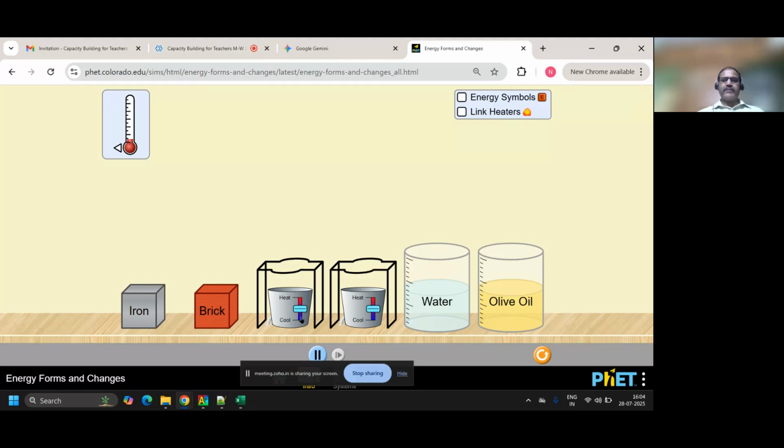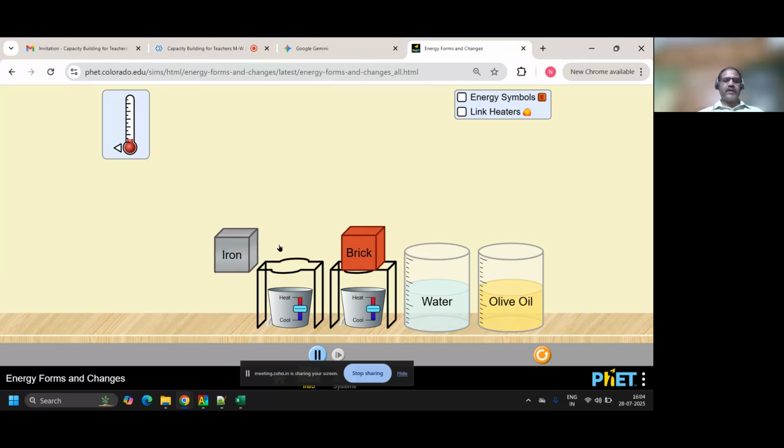For example, I take the brick and the iron pieces over here, and I take one thermometer here, keep it here, another thermometer here. Now let me check all these things so that you will see what kind of energy is involved when the thing happens. I will show that also to you.